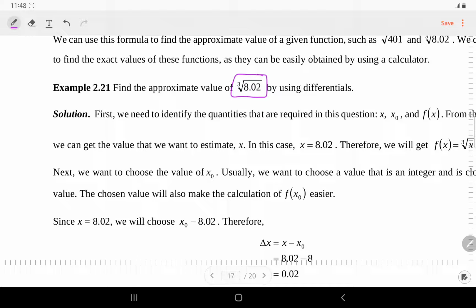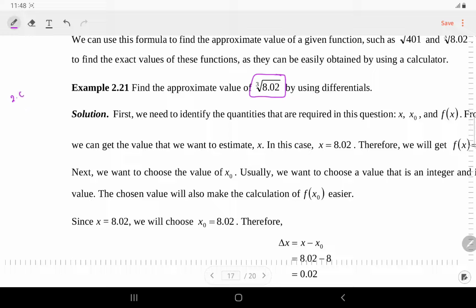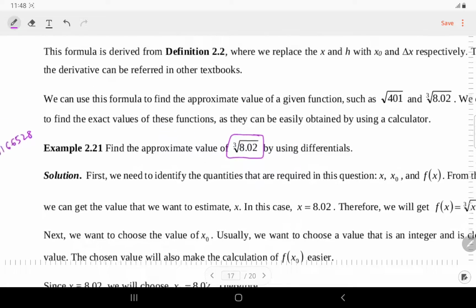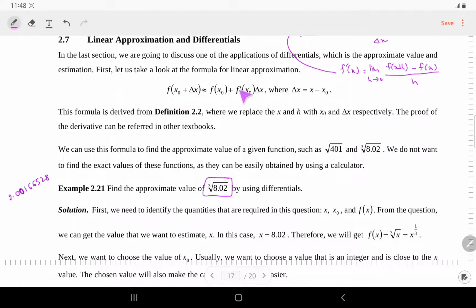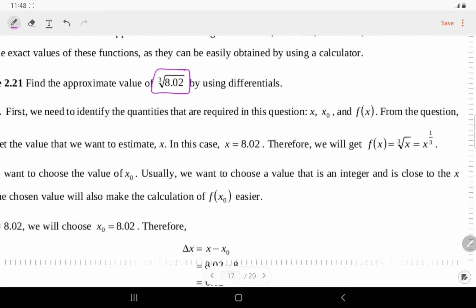If you are using your calculator, your answer will be 2.001066528. But this time we need to use this formula to find the approximation.